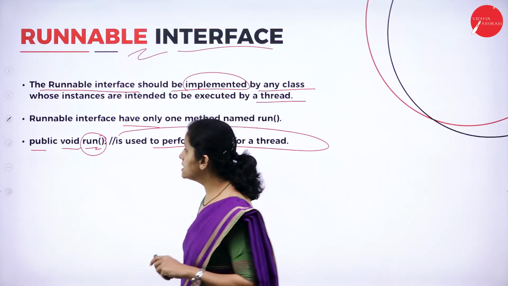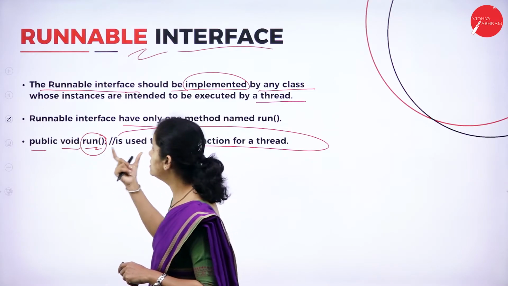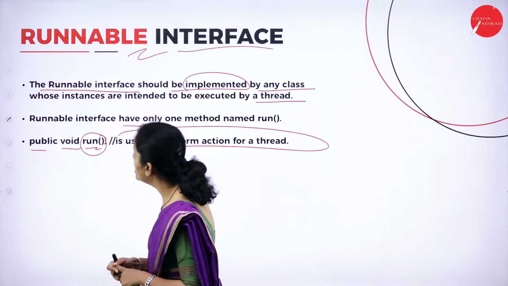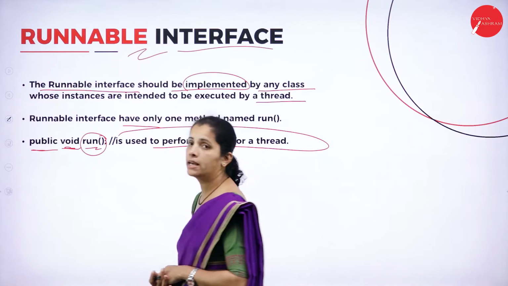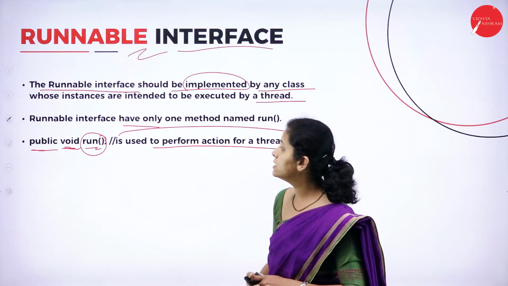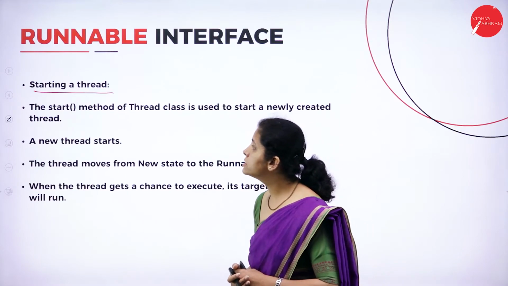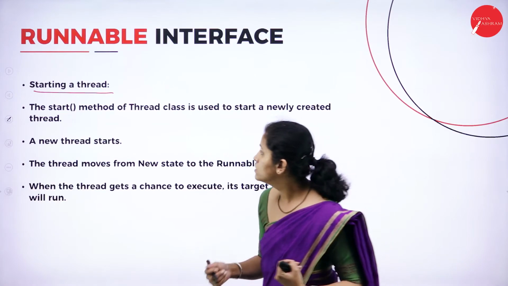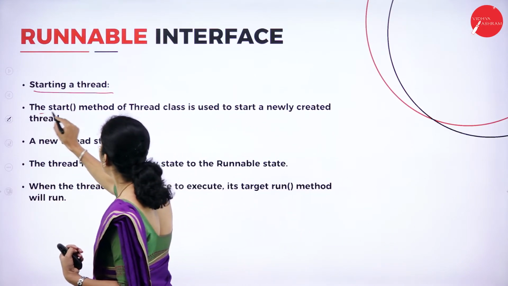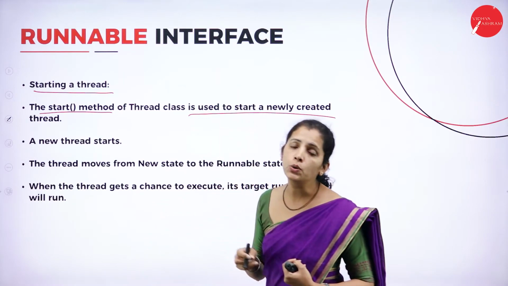Now, let's consider the syntax for this run method, that is void. So it is the return type, and I'm going to make it public, and my method name here is run. And followed by, I'm going to look at starting a thread. That means how can I start a thread? So here the start method of the Thread class is used to start a new thread.